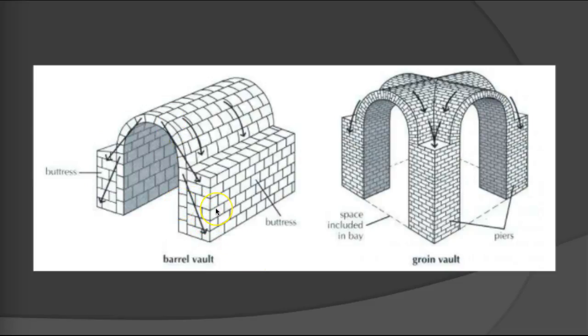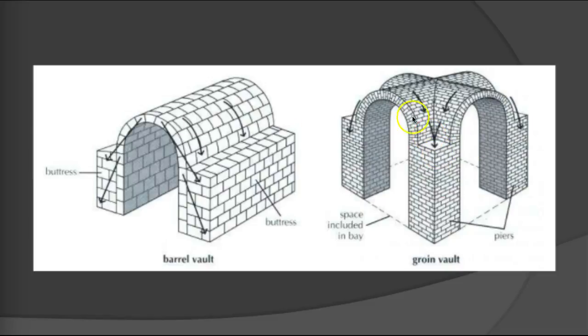This is the basis of construction using a buttress. Much later in the Gothic period, we're going to be seeing what's called the flying buttress, where it not only buttresses the bottom, but then reaches up towards the top of the building to support upper structures.